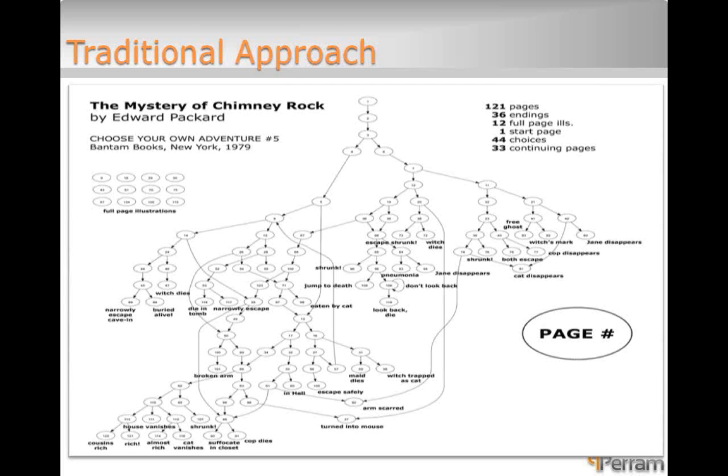If you look at this slide here, what we call the mystery of Chimney Rock, you can get anywhere in this map from A to Z through different ways. You can make your own adventure, starting from one and ending up at the bottom.